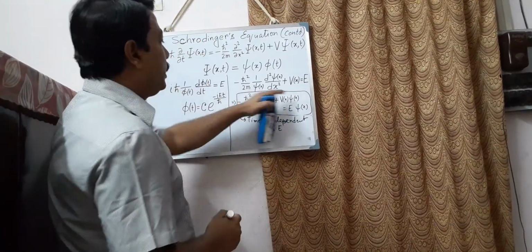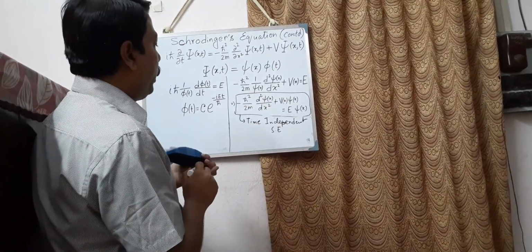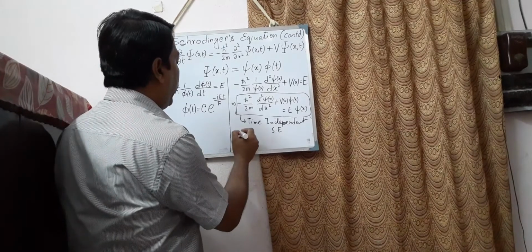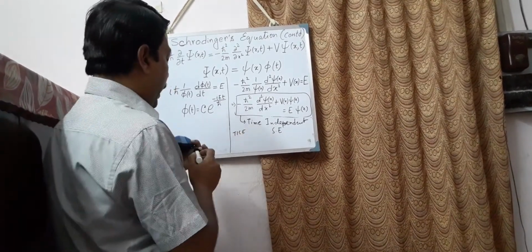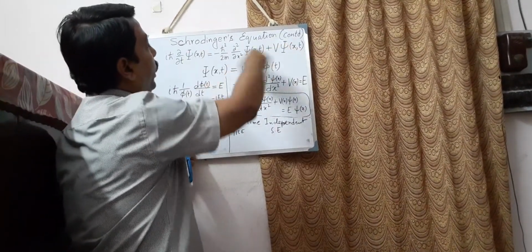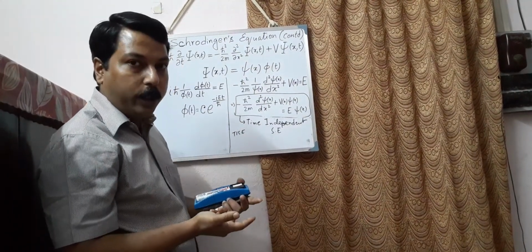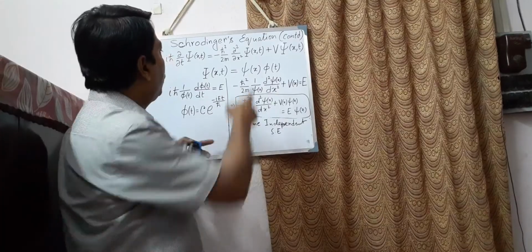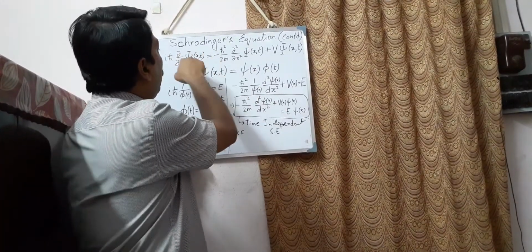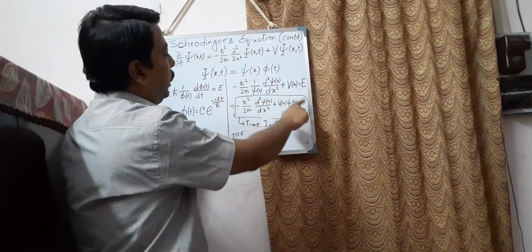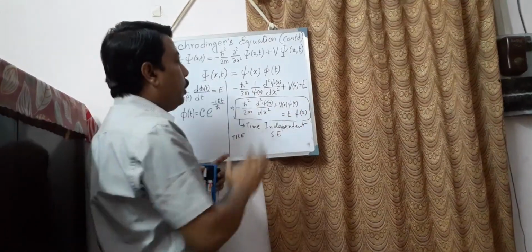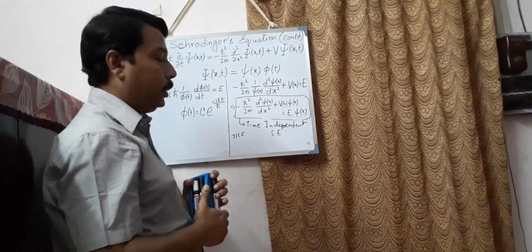So remember that this is called the time independent Schrodinger equation, or in short we will write it as TISE, whereas the original equation that we had is usually referred to as the time dependent Schrodinger equation, or simply the Schrodinger equation, because here there is a dependence on time, but this equation does not in any way depend on time, so this is called the time independent Schrodinger equation.